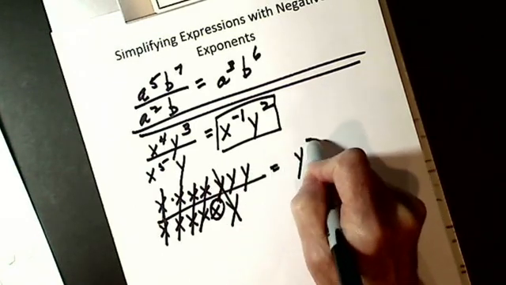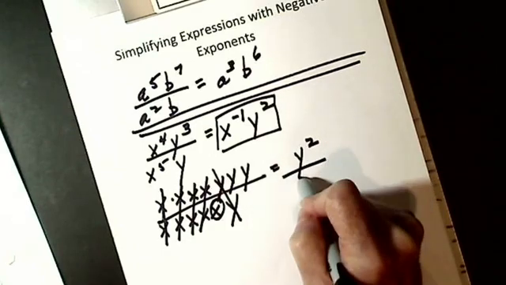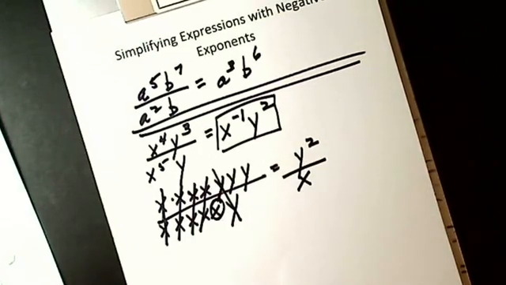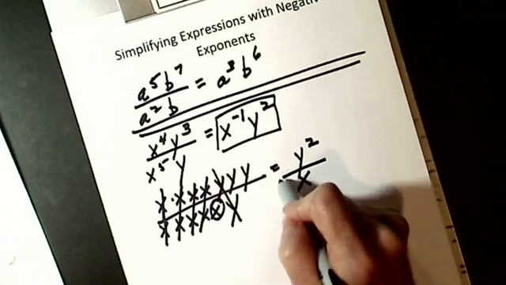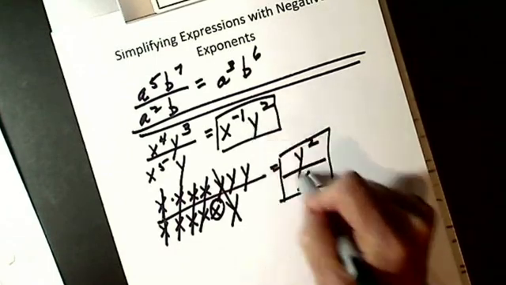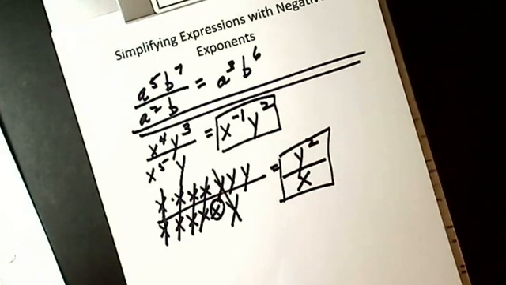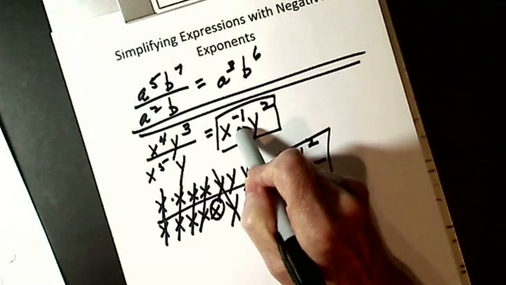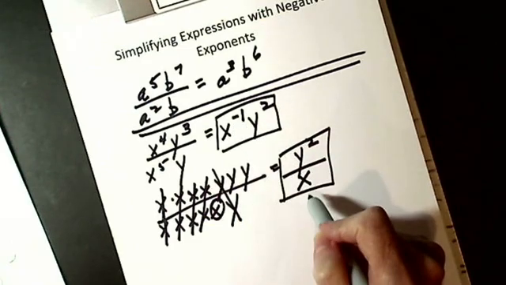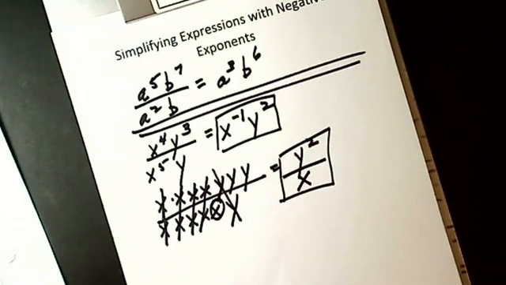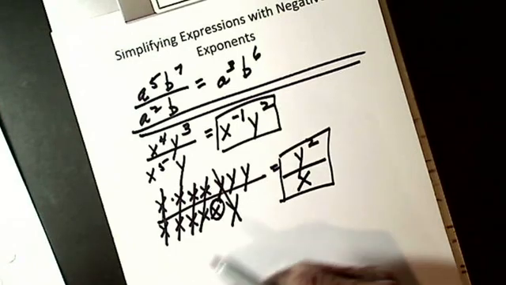So I have y squared on the top, x on the bottom. This is the same problem. So these answers are equal, just written in a different form. So if you notice, when anything has a negative exponent, I can put it in the denominator. So what I can do when I have a negative exponent is switch.